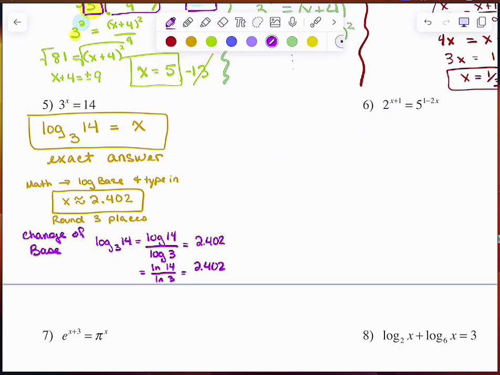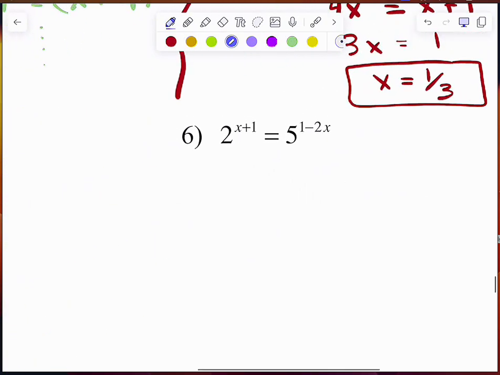All right, let's look at number 6. This one is funky because the base is not the same. If the base is not the same, I don't know what to do. Oh no, what do I do? Well, here's what you do. The only way to get an exponent out is to use a log. And since those two bases aren't the same, I'm not going to use log base 2 or log base 5.